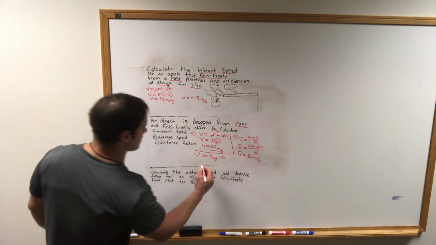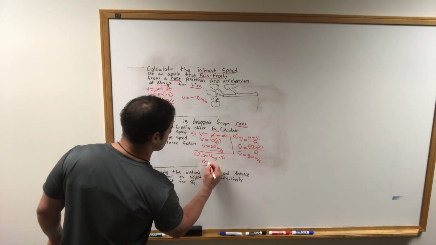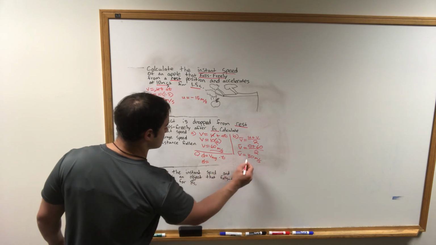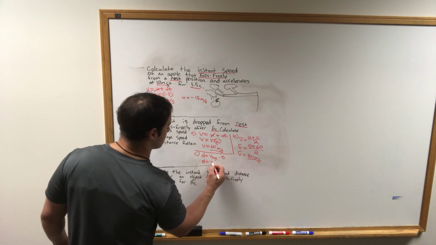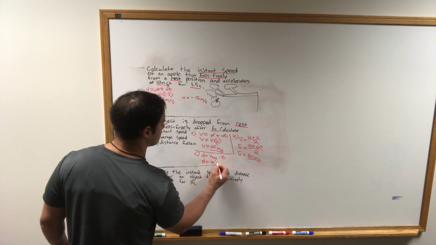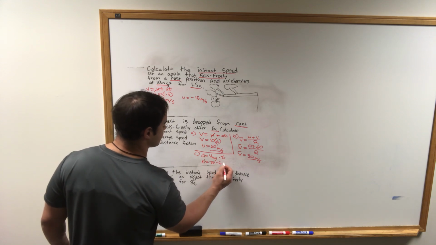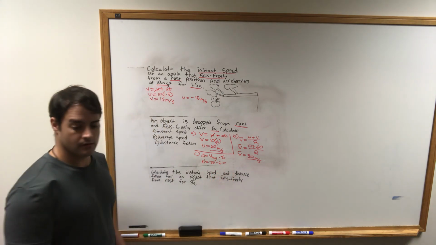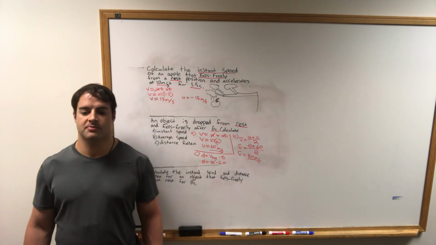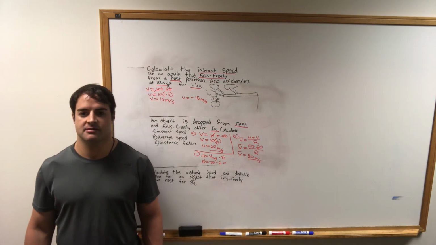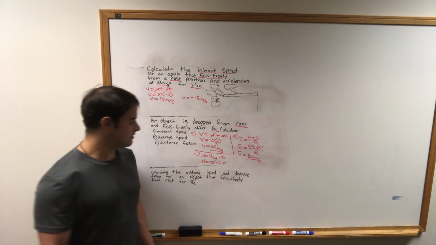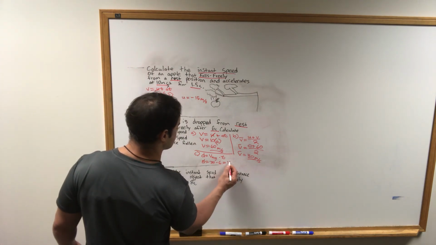So the distance equals 30 times 6. And you simply multiply. 30 times 6 is 180. So the distance is 180 meters.